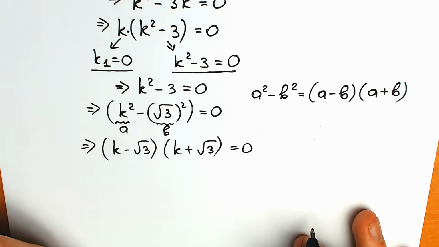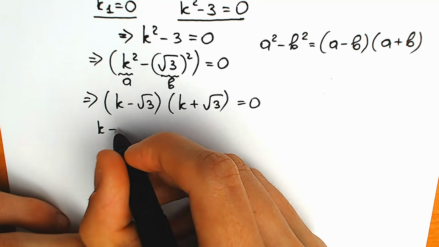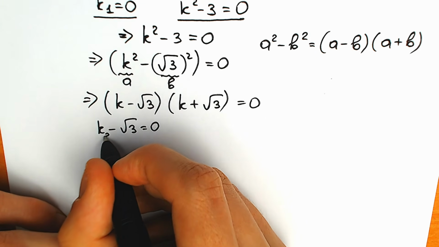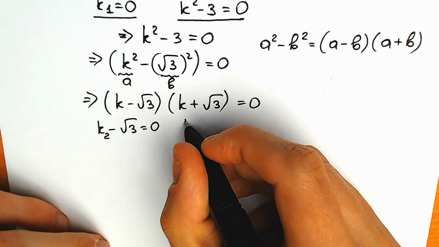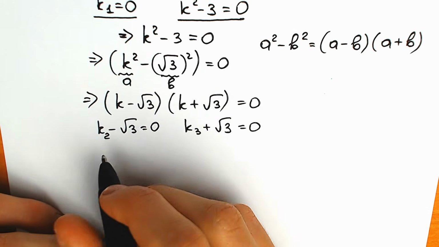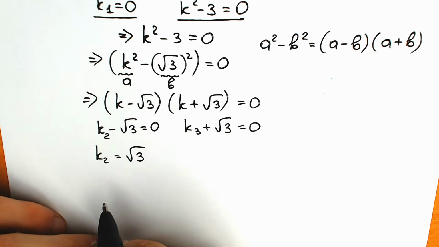So a product of two parentheses equal to 0 when the first parenthesis equal to 0. So k minus square root of 3 is equal to 0. Right here in this case, we're talking about k second, and k third, k plus square root of 3 equal to 0. And from here we have k second equal to square root of 3. This is our k second.